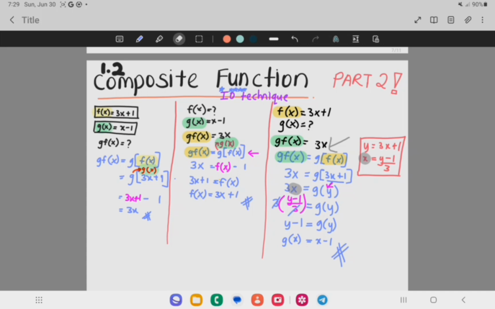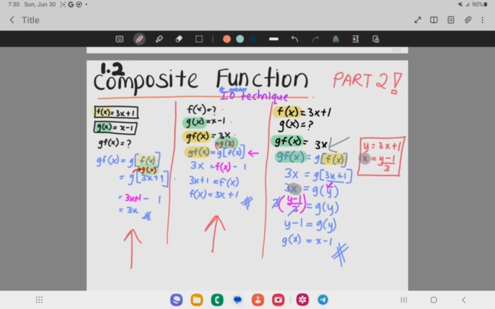So here I'm just trying to give you 3 different situations of example. The first one, f function is given, g function is given, we want to find the composite function. Now the second one, f function is not given, but g function and also the composite function, which is gf function, is given.